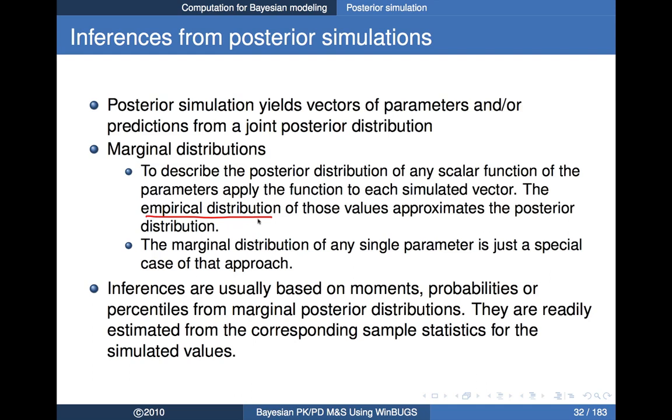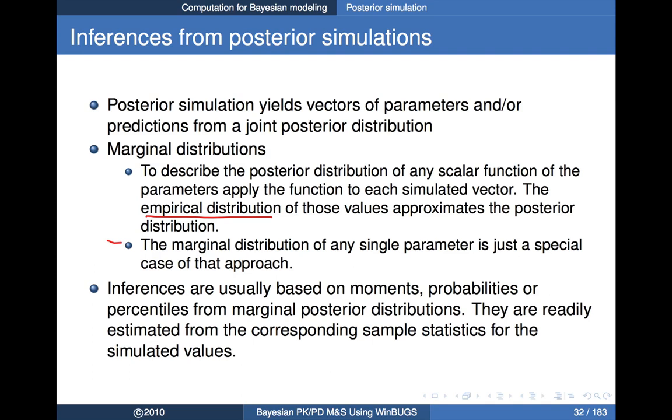So I can do that for any function of theta. If I want to talk about any single parameter in that vector theta, that is really just a special case of doing a function. That would just be the simple function that selects one of those parameters, and similarly I can take any one of them and look at its empirical distribution, and that would describe the marginal distribution for that individual parameter.